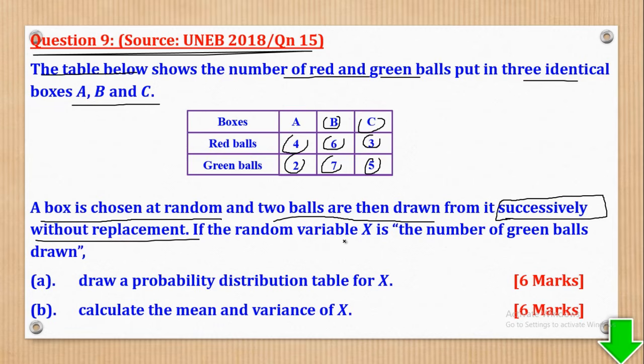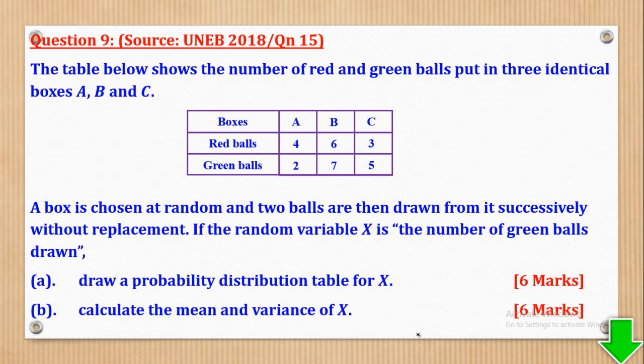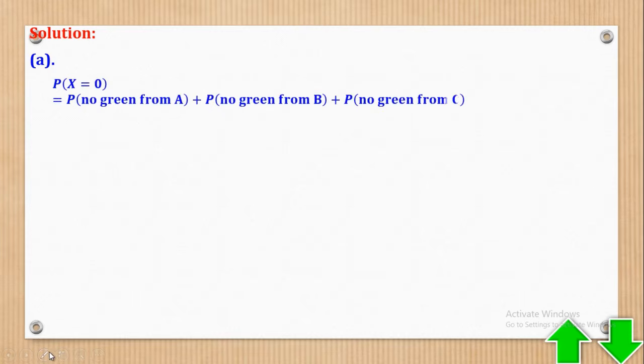If the random variable x is defined as the number of green balls drawn, part A, draw a probability distribution table for x, and part B, calculate the mean and variance of x. So we are going to first get the probabilities of x equal to 0, 1, and 2.